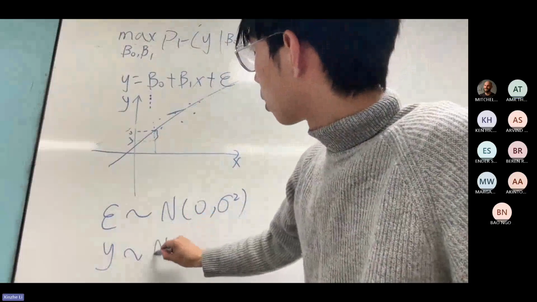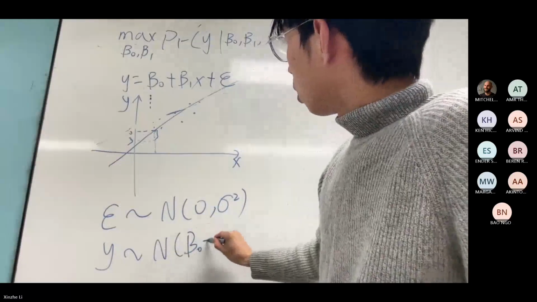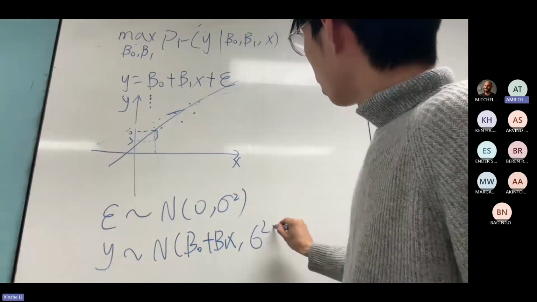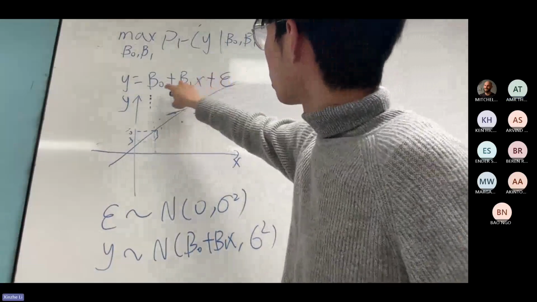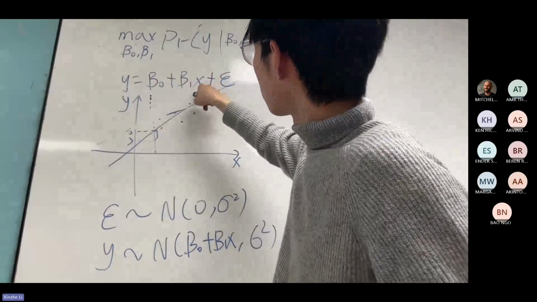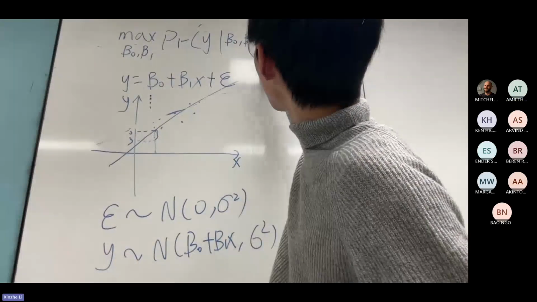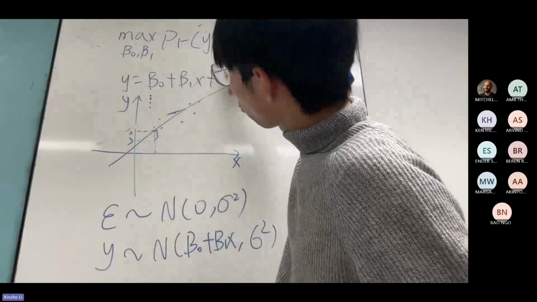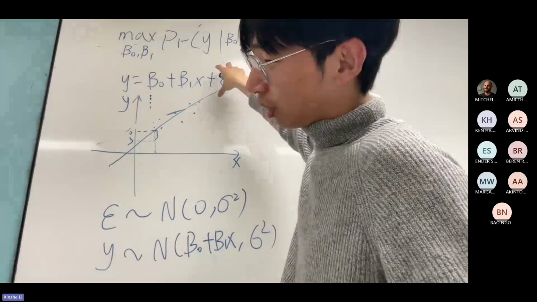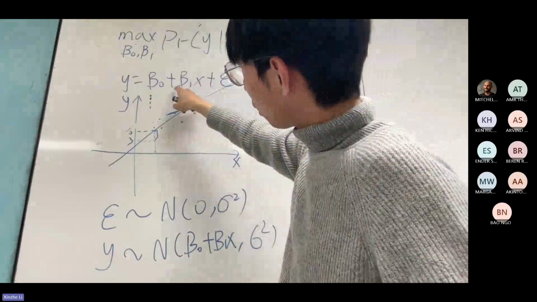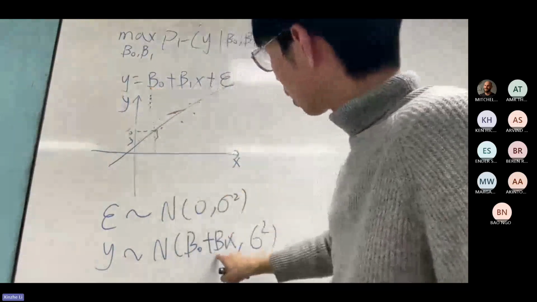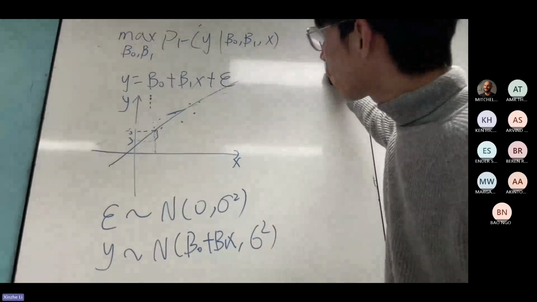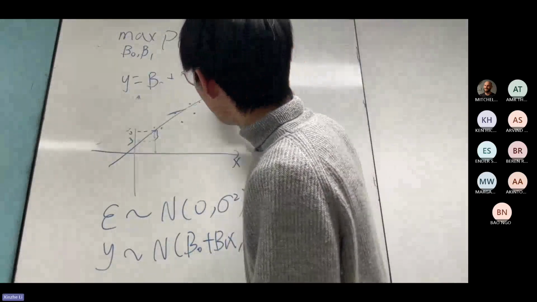Yep, that's it. Because this is just a constant, since we're given beta 0, beta 1, and x. You add a constant to a random variable, so the only thing it will change is the mean. The variance doesn't change. So that's it.